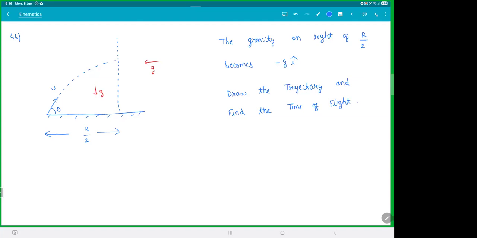So this is a pretty neat question. It looks a little weird, but once you figure it out, it'll take less than a minute to solve.